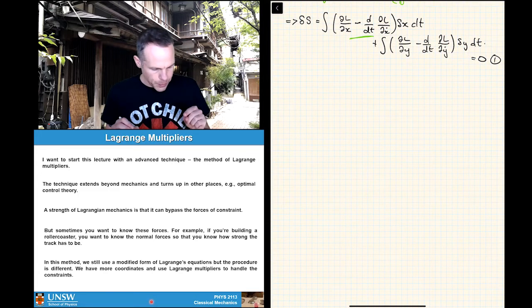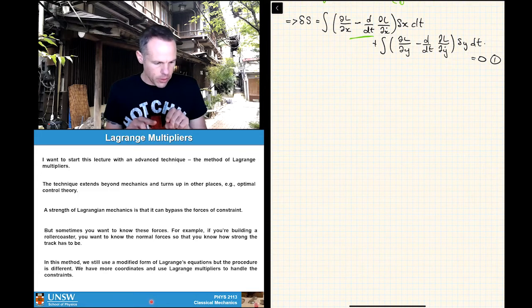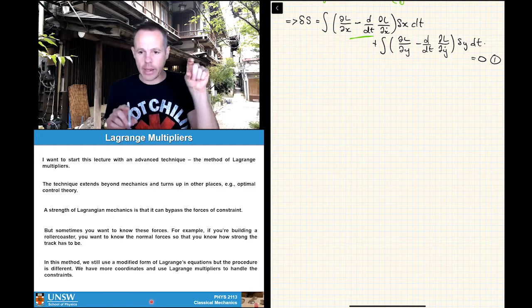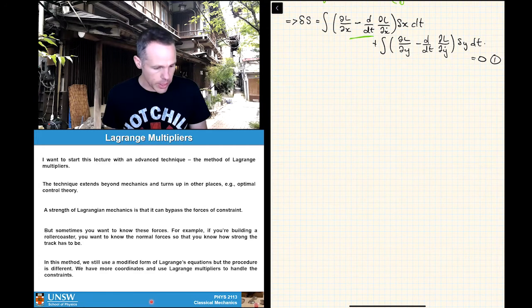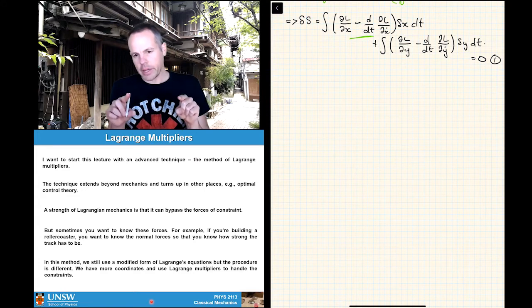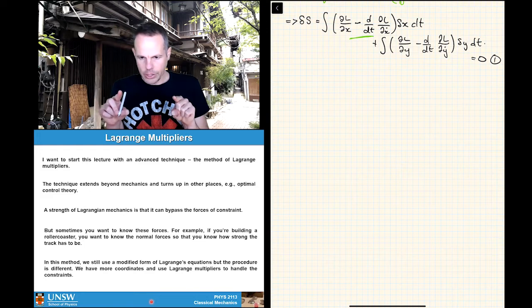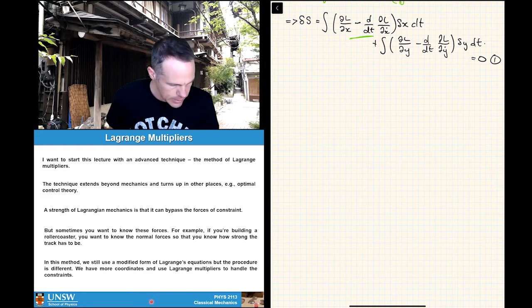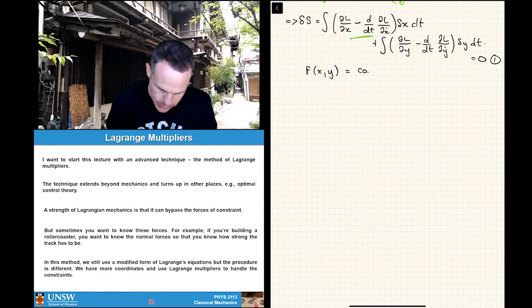Since all points concerned with a particular constraint equation satisfy f of x and y equals a constant, because that's our constraint equation, then if we make a displacement, we maintain the constraint equation. So what we're really saying here is that f of x and y is equal to a constant.